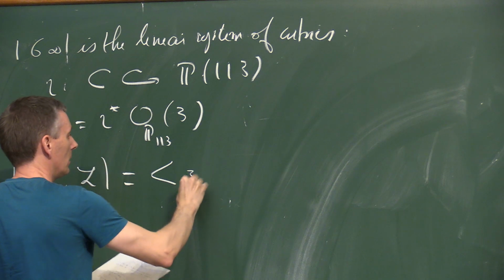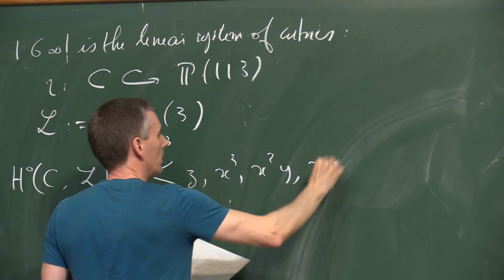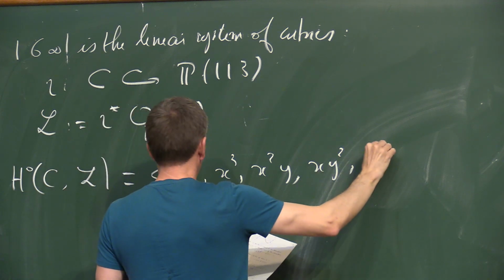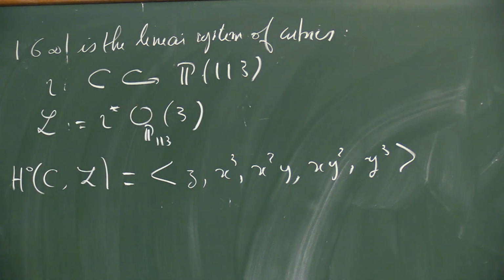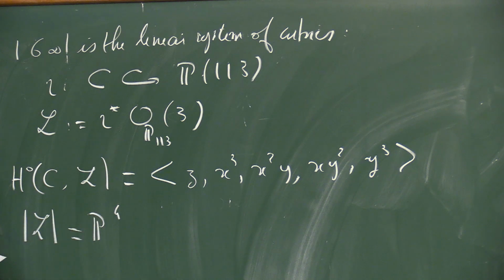So we have z, x^3, x^2y, xy^2, and y^3. So this linear system is 4-dimensional, so L is P4, and it is my P4 from the covering.